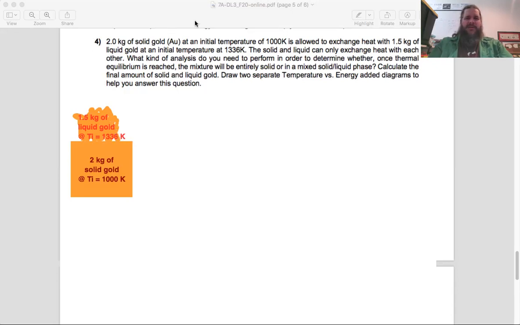Because if you take a look at the three-phase diagram for this substance, make those straight lines. 1336 is the phase change temperature.